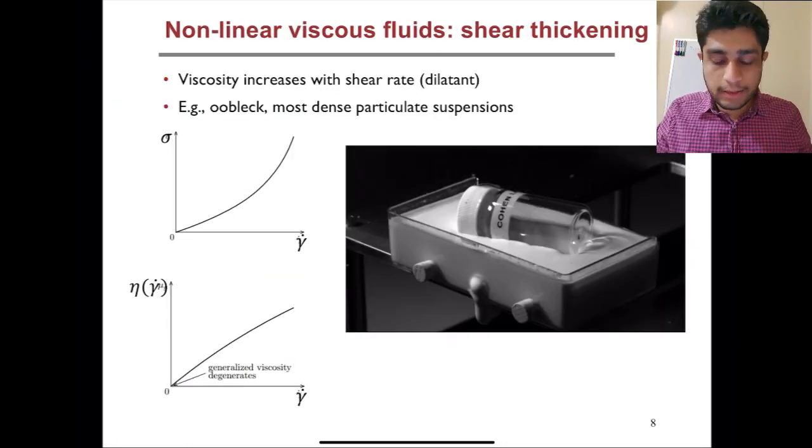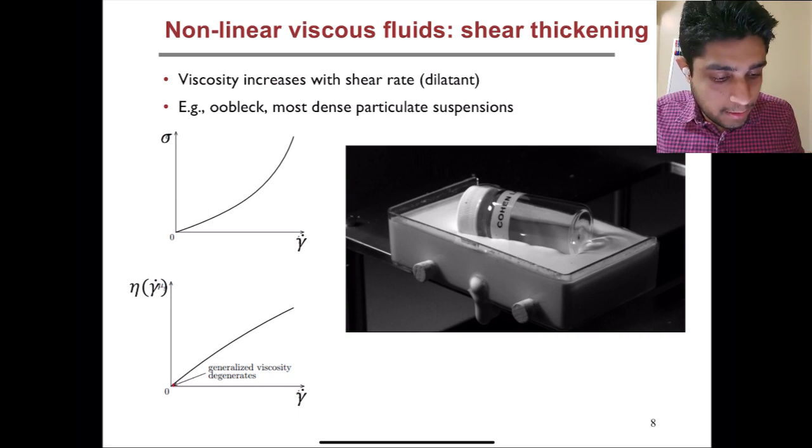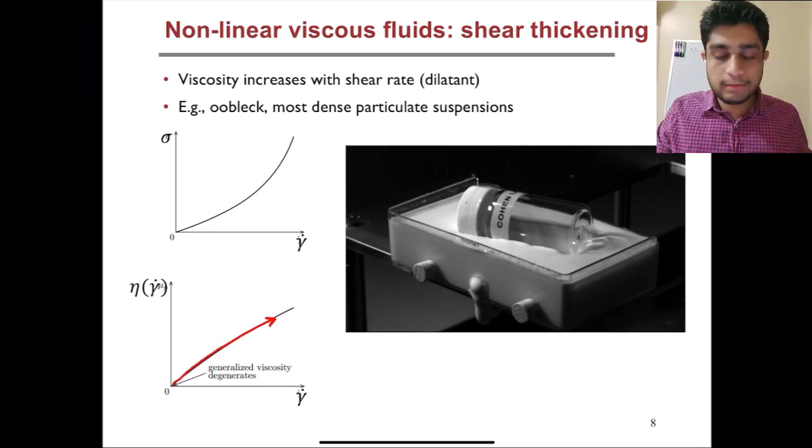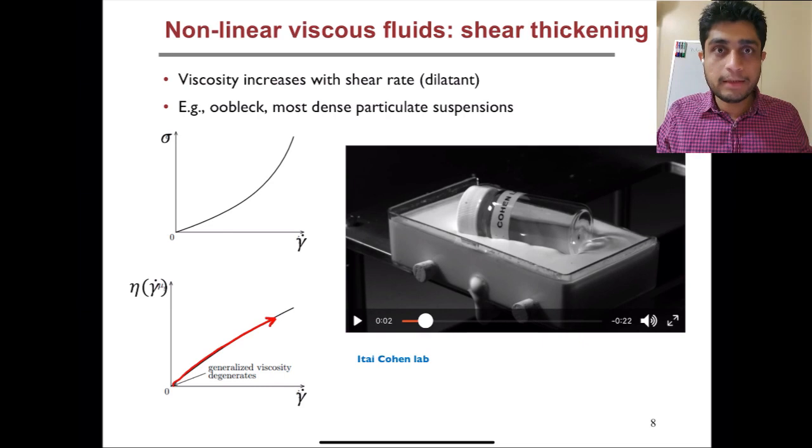So again, like shear thinning fluids, we have shear thickening fluids, and in shear thickening fluids the apparent viscosity increases with the shear rate. A common example of a shear thickening fluid, as you all might know, is oobleck, which is just cornstarch suspended in water.